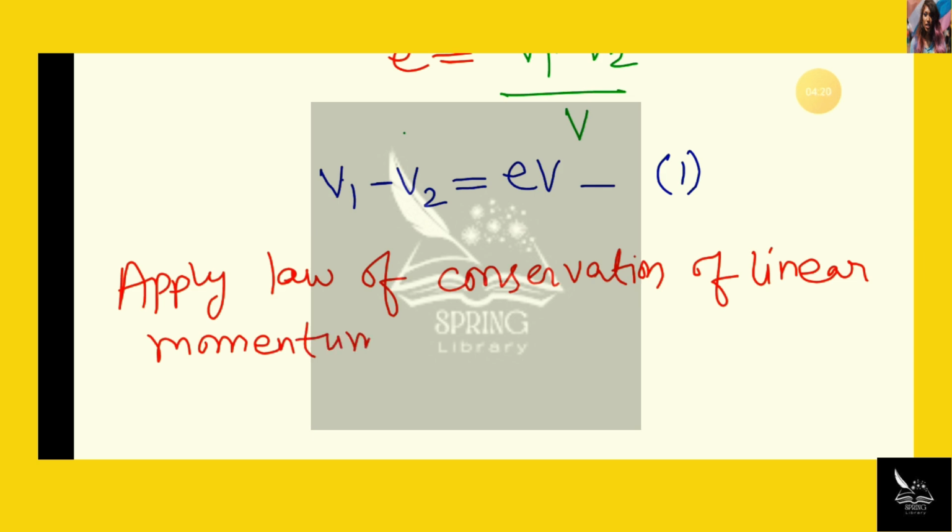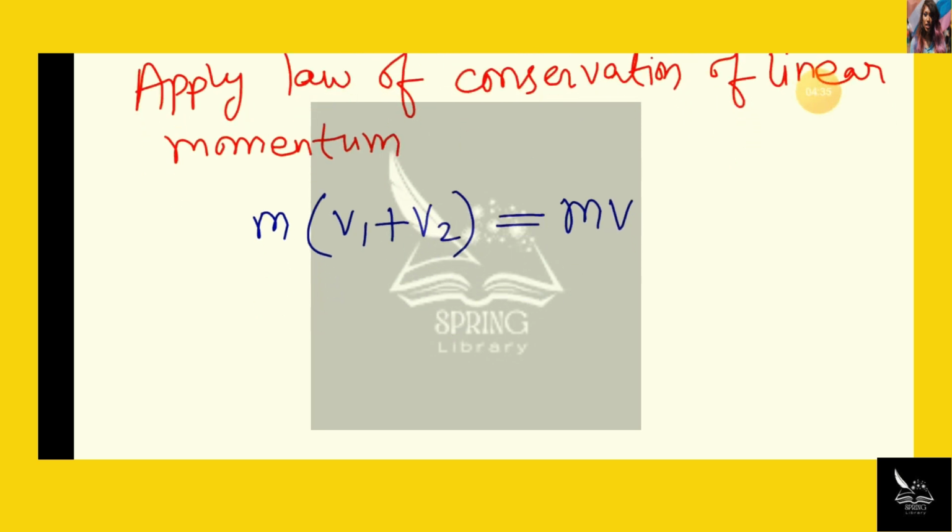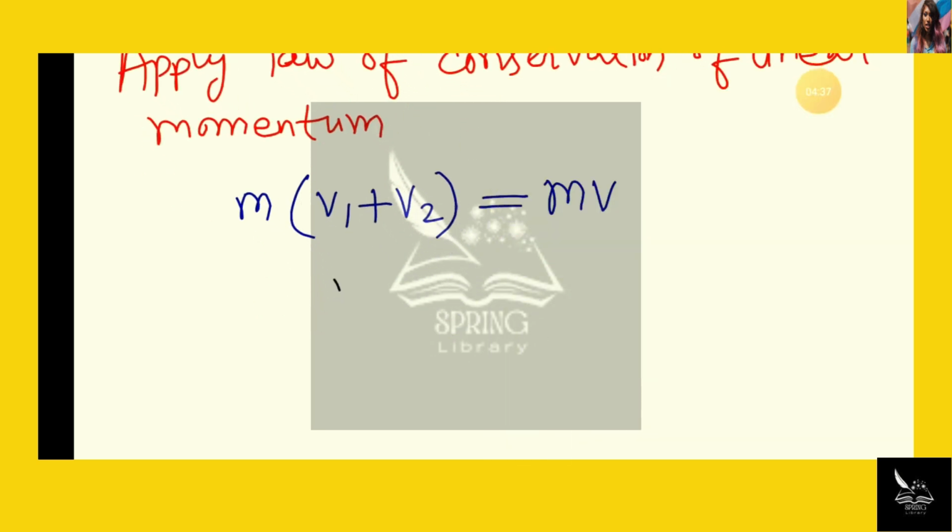So linear momentum after collision will be m times parenthesis of v1 plus v2, is equal to linear momentum before collision, that is mv. So simplify it, then I will get the second equation, v1 plus v2 is equal to v. So this is equation number 2.